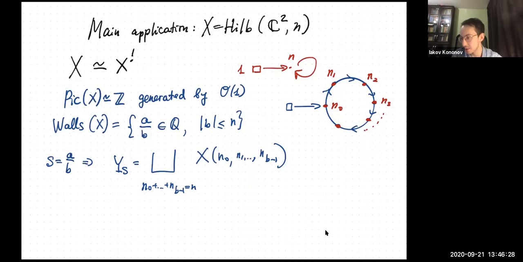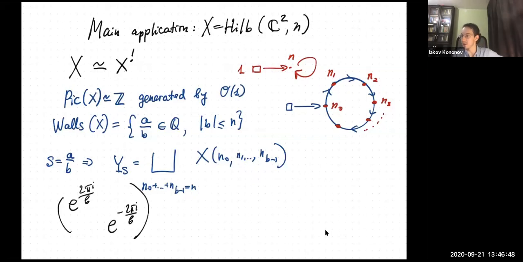Then on the dual side, we should consider the fixed subvariety for the cyclic group of order B. And this cyclic group acts by matrices on C2 as exponent of 2 pi i over B and exponent minus 2 pi i over B. Then the fixed subvariety of the Hilbert scheme with respect to this action is the cyclic quiver, the Nakajima variety corresponding to the cyclic quiver in some stability condition.